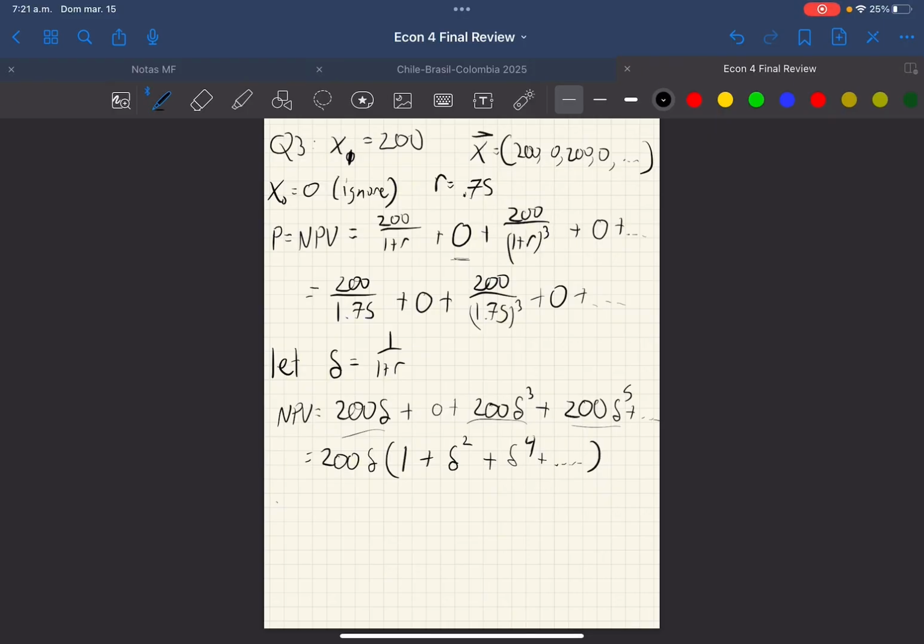And so this is an infinite geometric series.